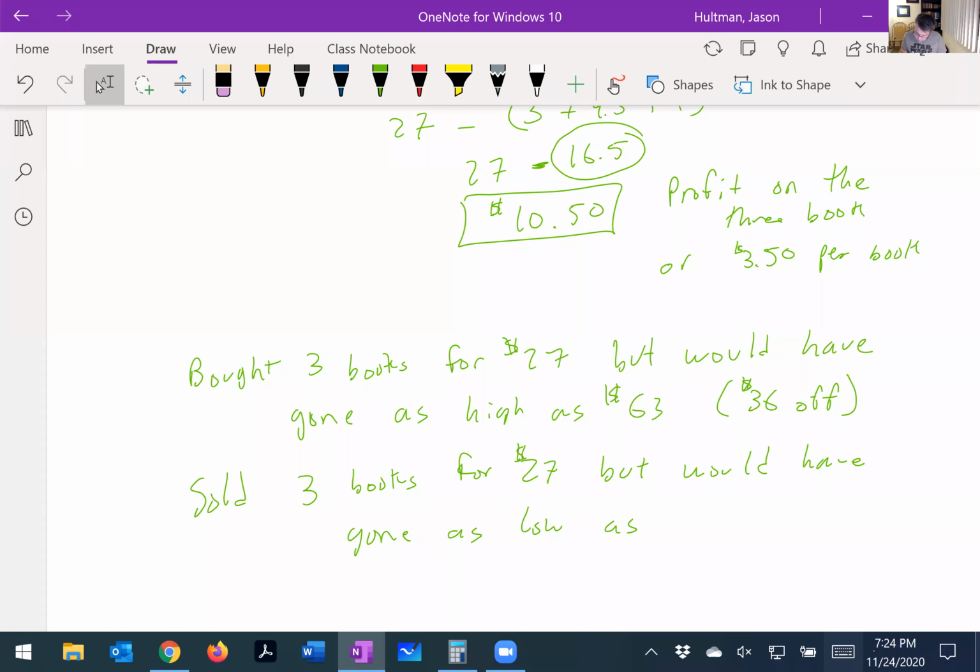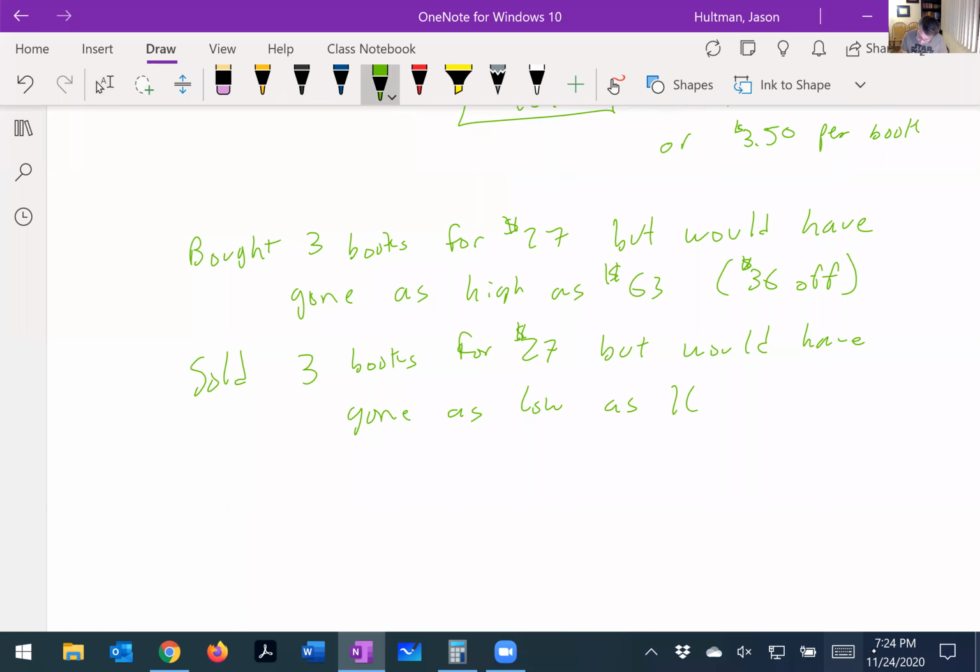So I was willing to pay as high as $63. He was willing to sell to me as low as $16.50, where I got a $10.50 profit. And so at equilibrium, both parties get the best deal.